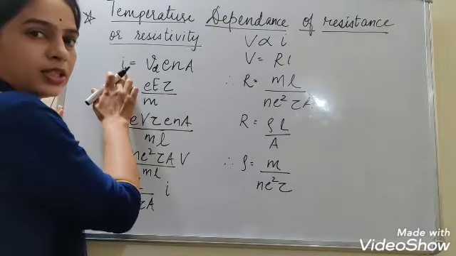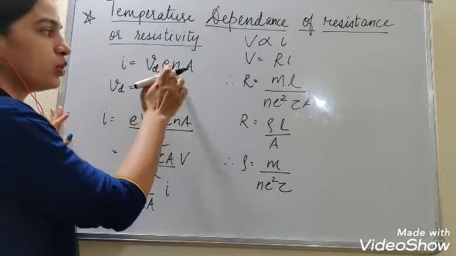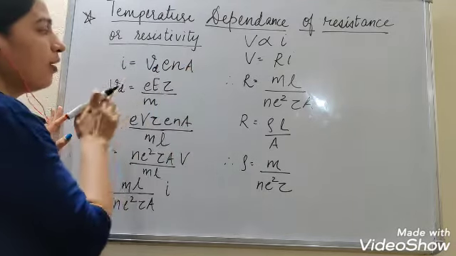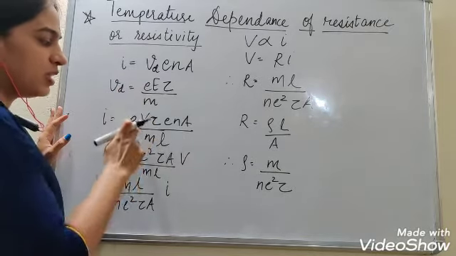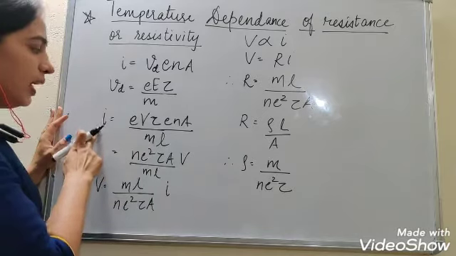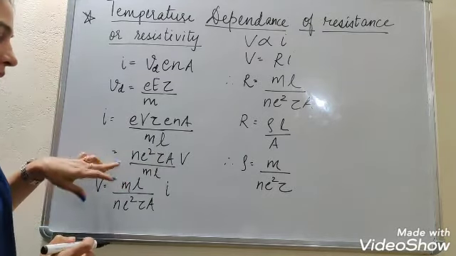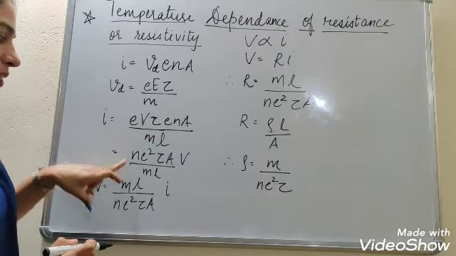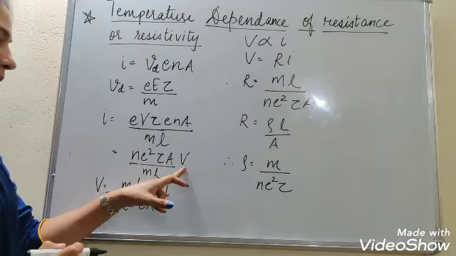Before jumping on to the topic, let's revise quickly. We've studied the relation between current I and the drift velocity vd: I = nAe vd. We know vd = eEτ/m. E is V by L, so substituting for E, I = n e² τ A V/(mL).